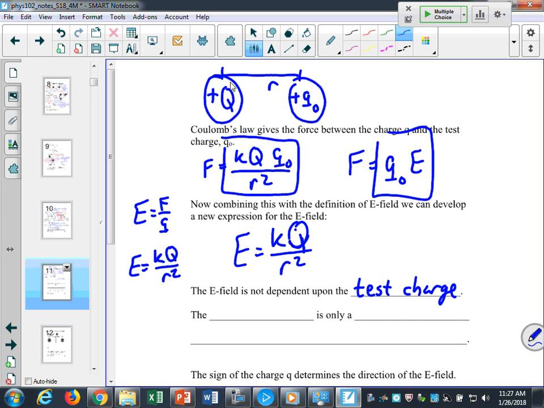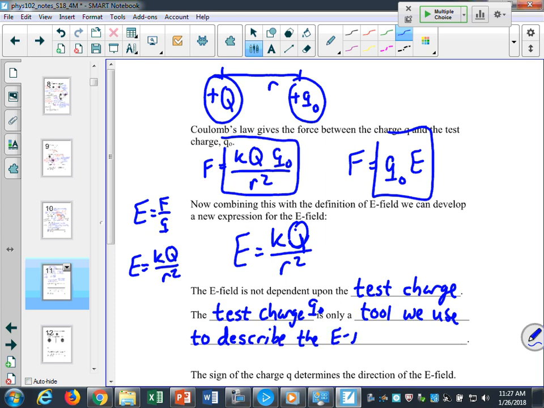The test charge, that's Q naught, is only a tool we use to describe the electric field.